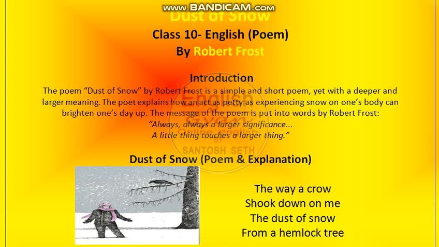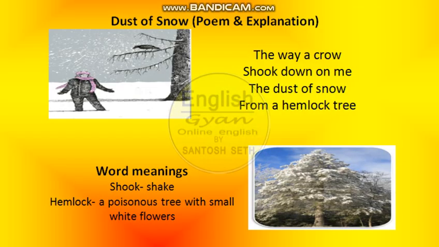So the first four lines of the poem are: The way a crow shook down on me the dust of snow from a hemlock tree. Here we don't have any hard word except shook and hemlock.